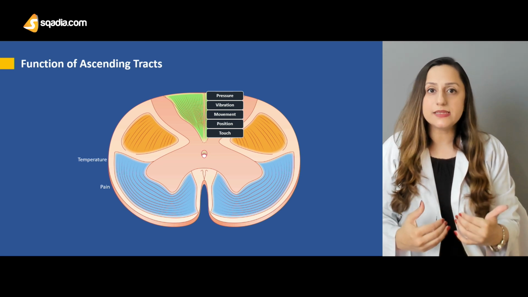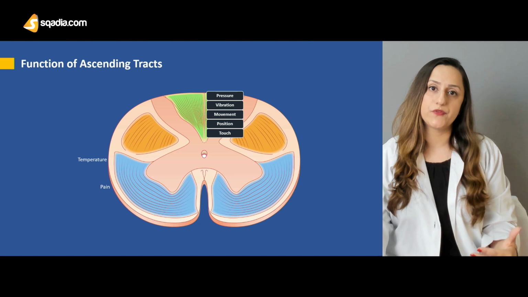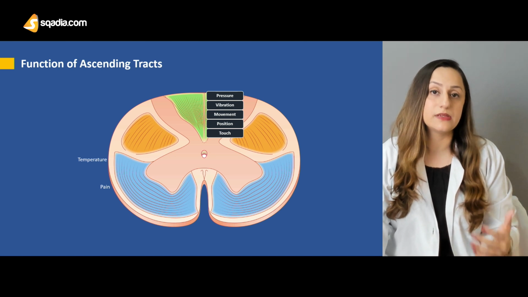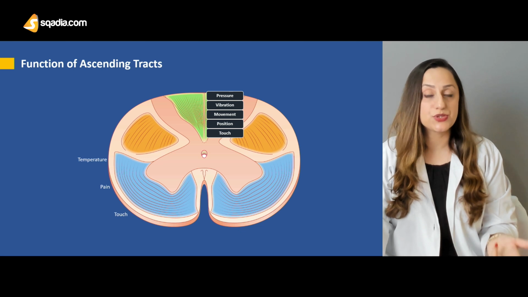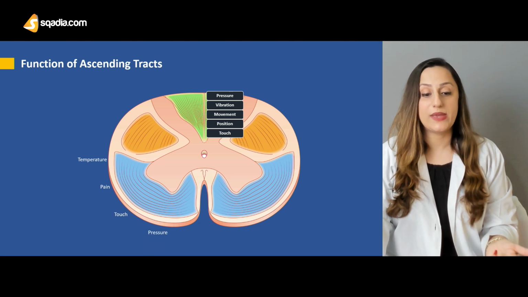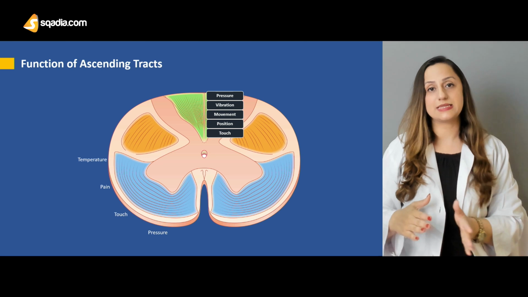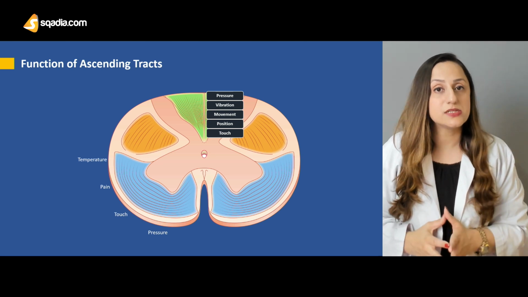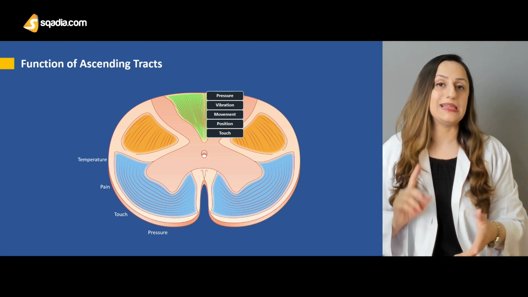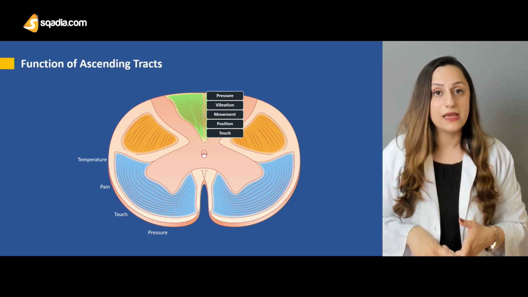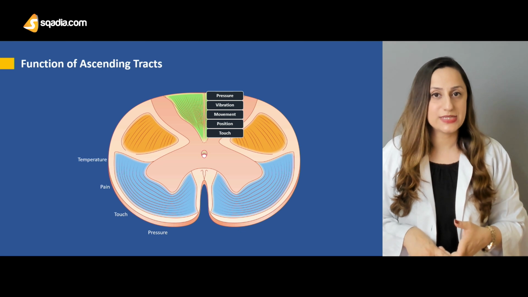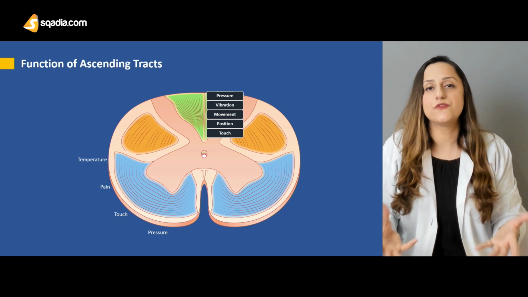So these are the primitive kinds of reflexes that are present even at birth. And the child responds to touch, and then we have the pressure. So these are the alignment for the primitive reflexes. Mainly we have touch, temperature, pain, and then the pressure sensations that an individual feels right at birth.